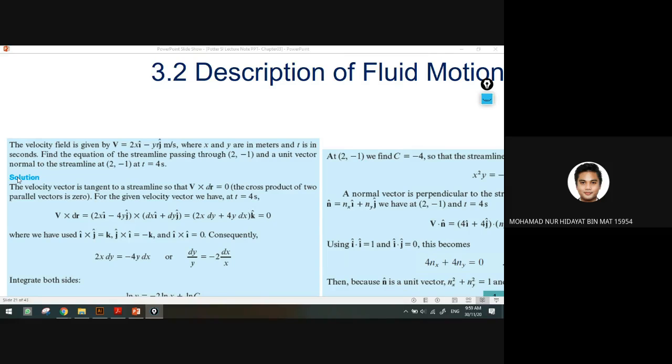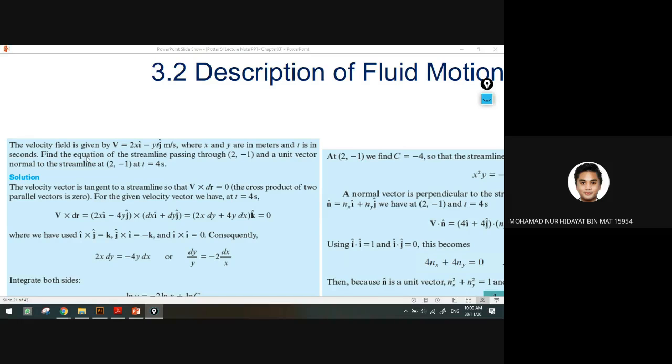The velocity field is given by the velocity vector here, 2xi minus ytj, where x and y are in meters and t is in seconds. Find the equation of the streamline passing through (2, -1), which is x and y, and the unit vector normal to the streamline at (2, -1) at time 4 seconds.